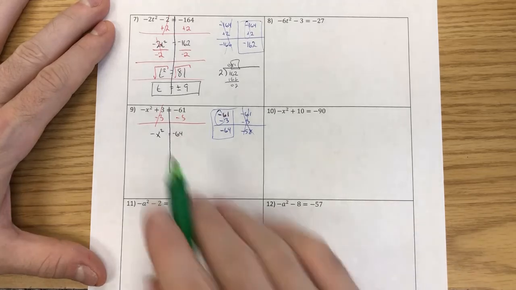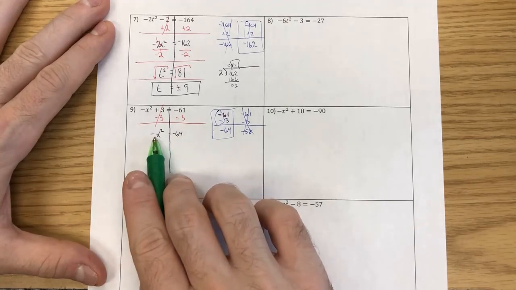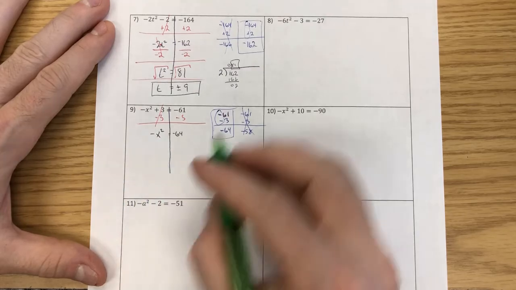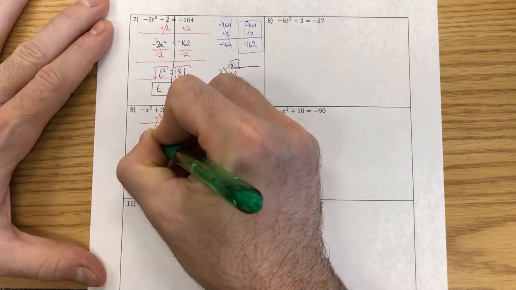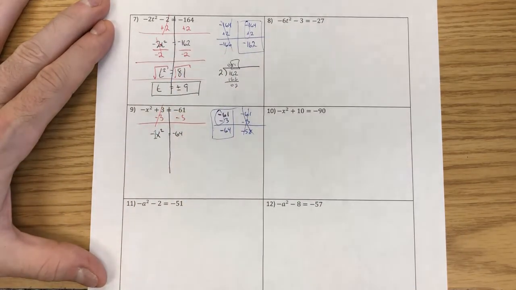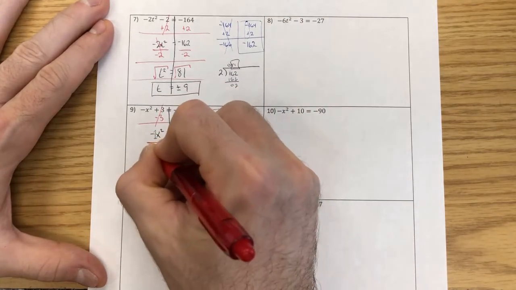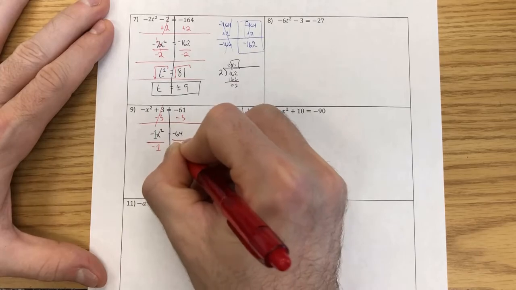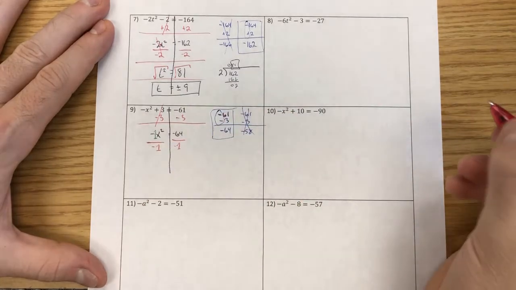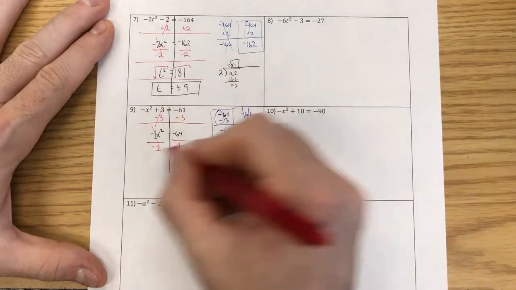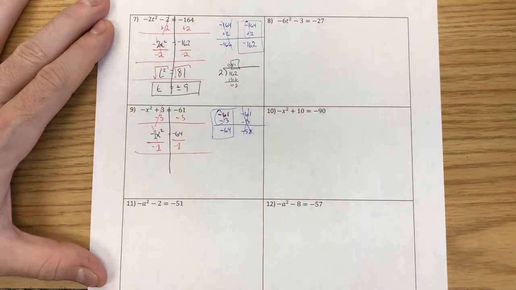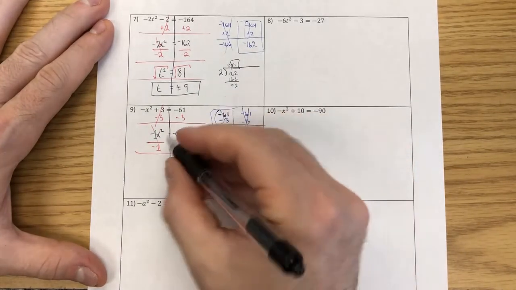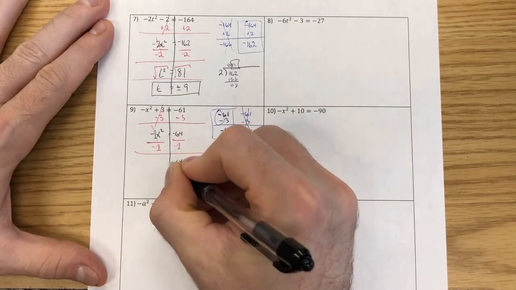Don't forget, anytime I have a coefficient that I can't see, I'm going to assume that that coefficient is an invisible 1, which means that I can go ahead and divide by a -1, and that will go ahead and cancel that thing out. And we know that a negative divided by a negative is going to be a positive 64.